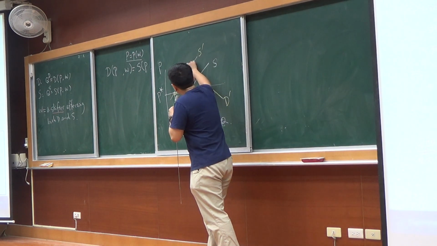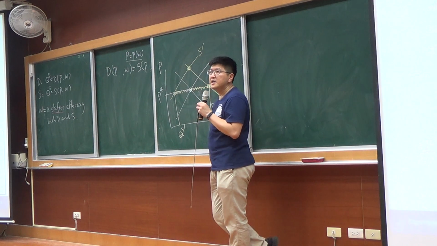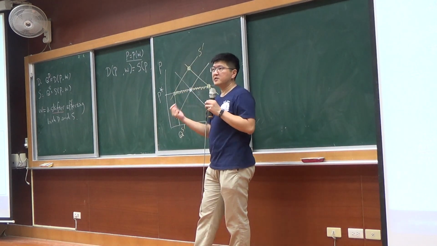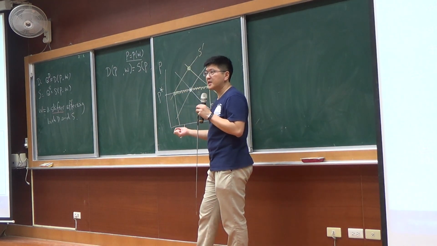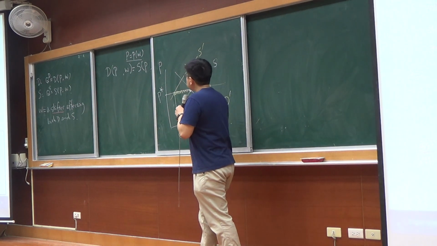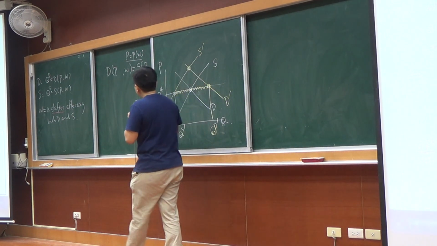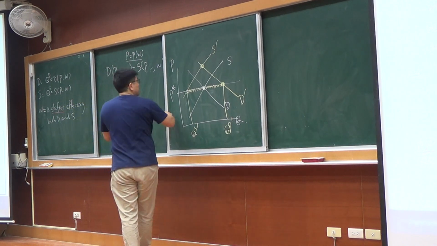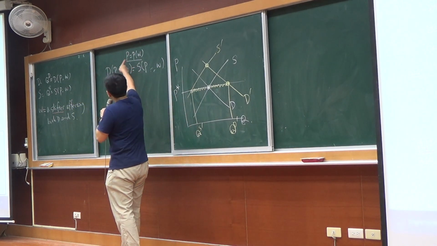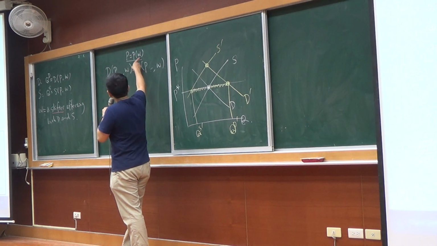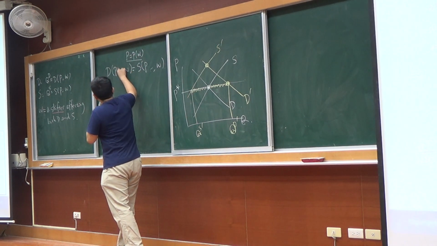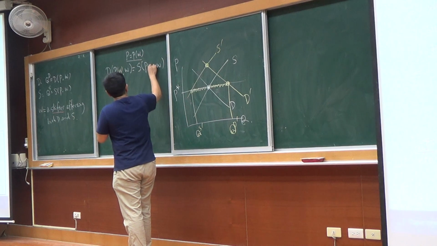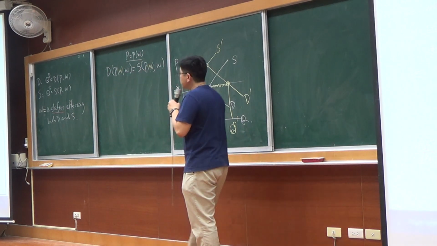So that the new equilibrium can be reached and the gap can be erased perfectly. So now, let's think about this. The equilibrium price will be a function of W, so we put P of W here.